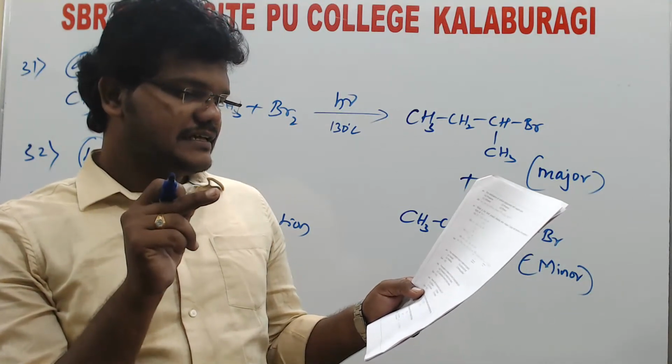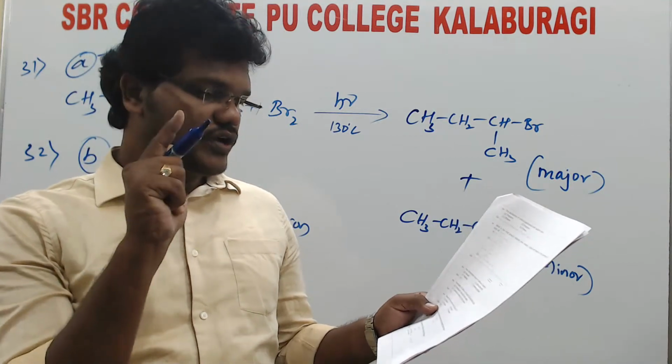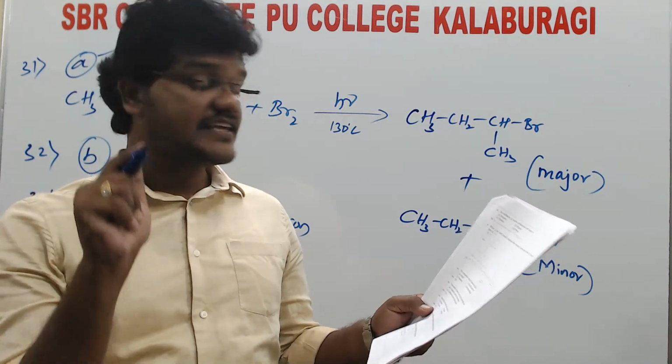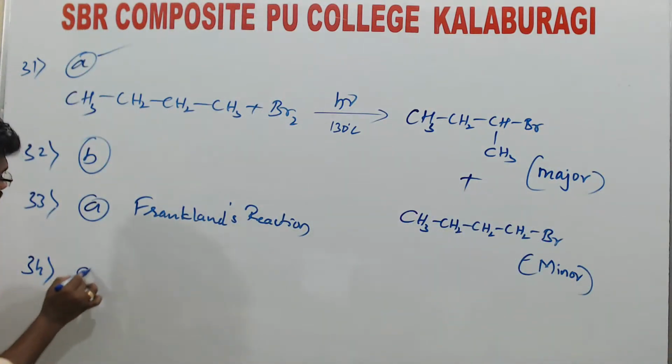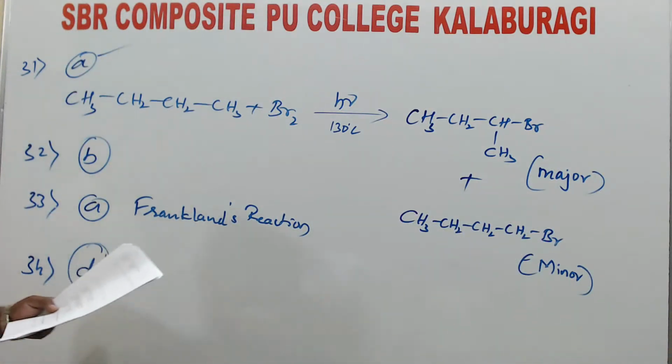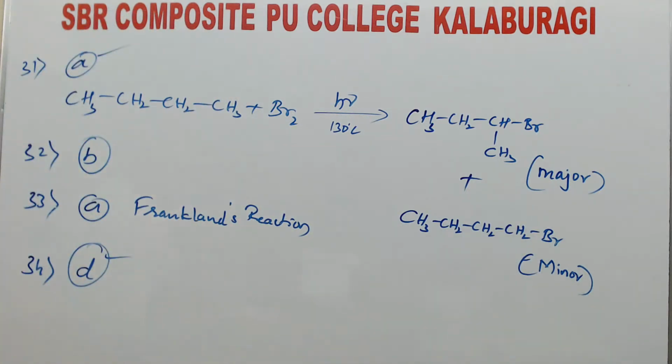A, B, C have up to 4 carbons, so they are gaseous, whereas D, n-pentane, is liquid. So for 34, option D is correct.